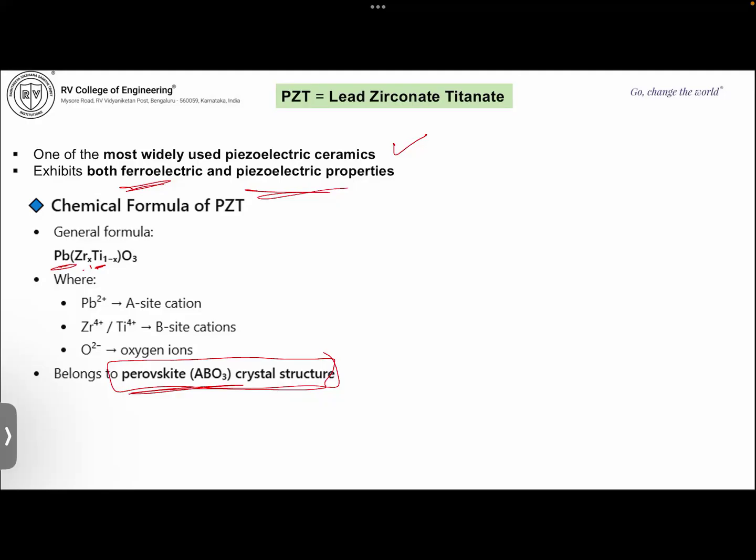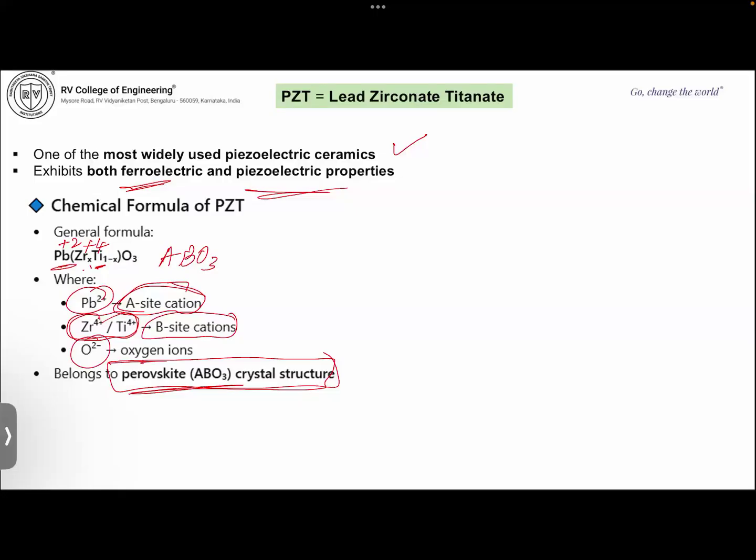Both zirconium and titanium are in the +4 oxidation state, and lead is +2, and they form the ABO3 structure, where the A site, the corners of the cube, is occupied by lead, and the B site, the center of the cube, is occupied by titanium or zirconium.